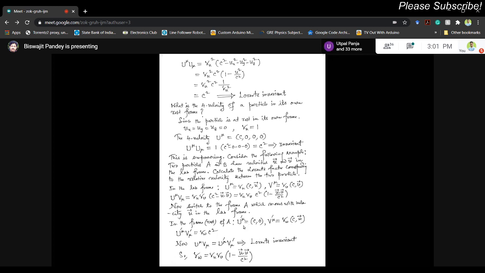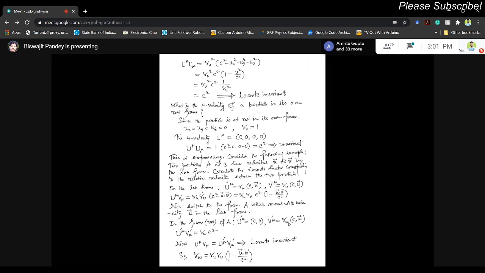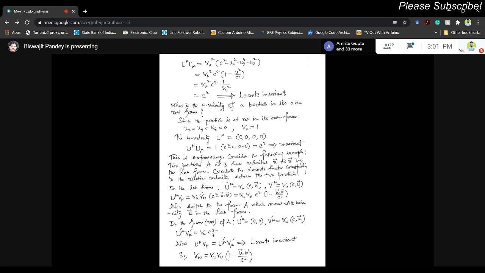And if I take a scalar product again of the two four-velocities, u mu prime, v mu prime, the spatial part of course is 0. You see, only the first term matters, it's gamma w c square. And I told you that the dot product or scalar product between any two four-vectors is a Lorentz invariant. So I can equate this gamma w, u mu prime, v mu prime with u mu, v mu, which you have calculated earlier in the lab frame.